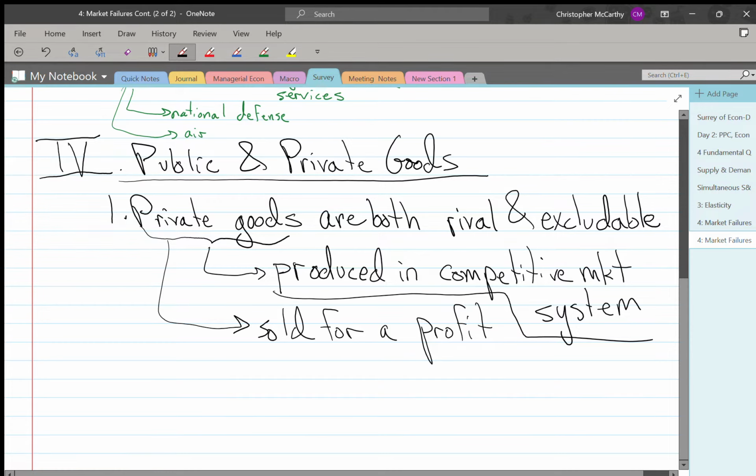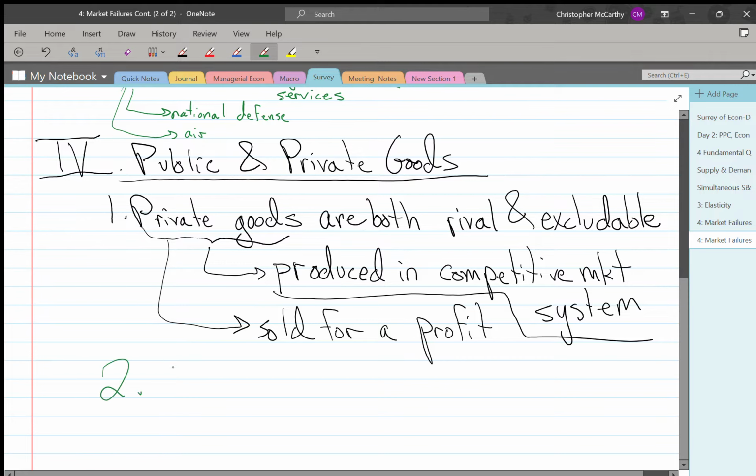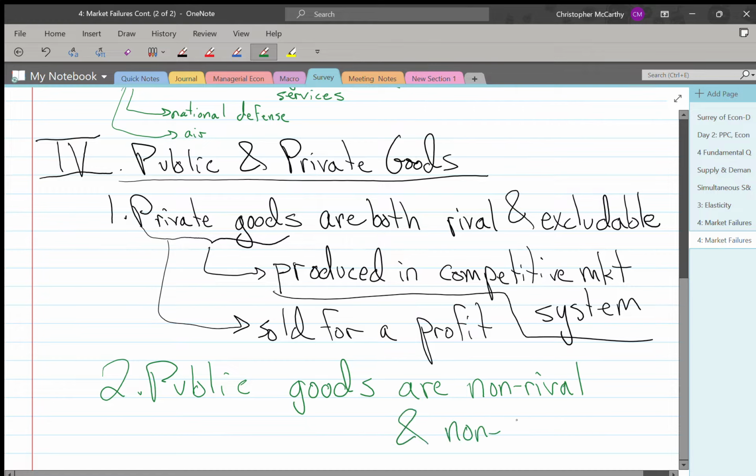Public goods are non-rival and non-excludable.